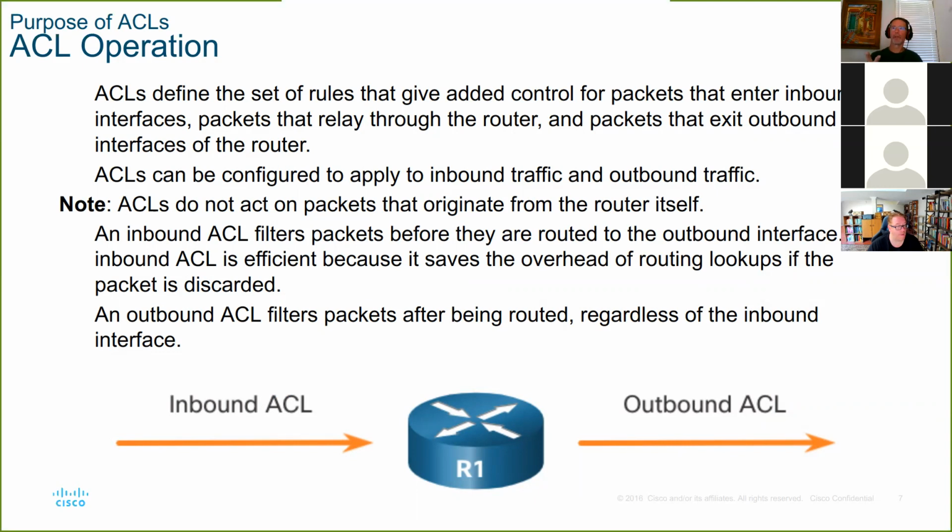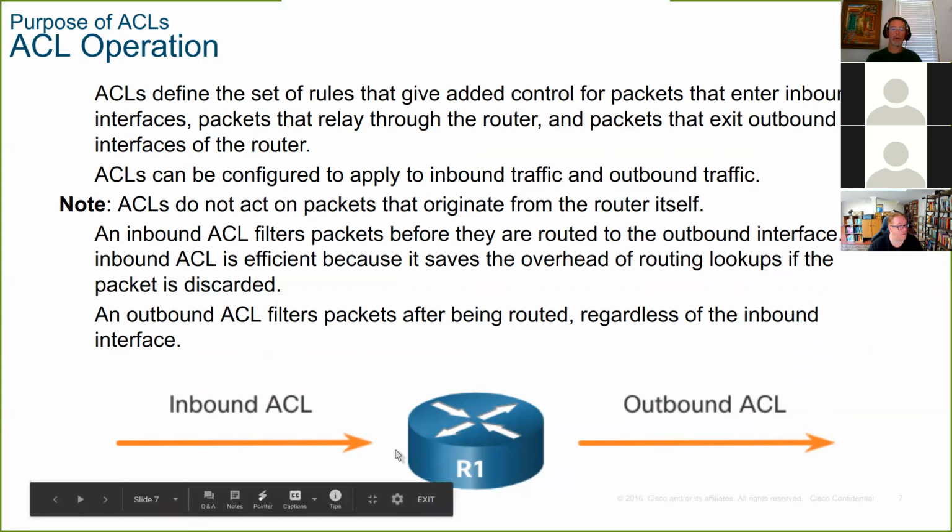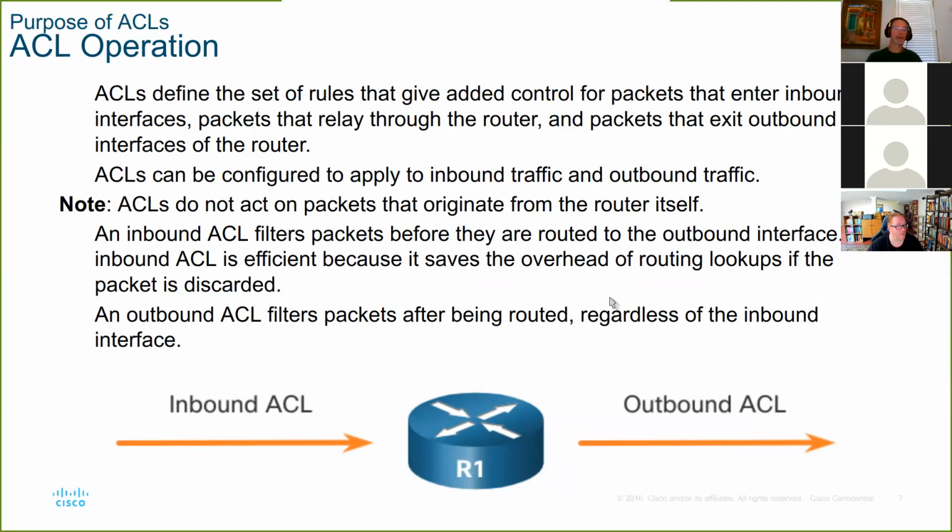And when we're running full duplex, which hopefully nobody's running half duplex anymore, you have two directions on every single interface. So if this were gig 0/1 and this were gig 0/0, we would have an inbound to gig 0/1, and we would also have an outbound from gig 0/0. So 2 directions per interface.